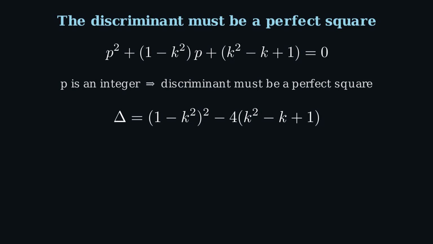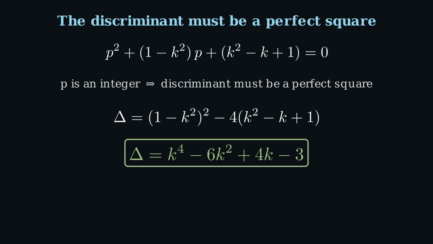And this expression has to be a perfect square, because this is what will be under our square root. If we multiply everything out and simplify, we end up with k to the 4th minus 6k squared plus 4k minus 3. So we want that expression to be a perfect square.